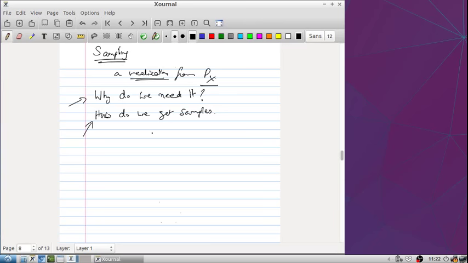Let's say you want to compute the expectation of sine of x to the power 1/10, with the expectation taken with respect to a distribution over x, and let's say x is normally distributed.